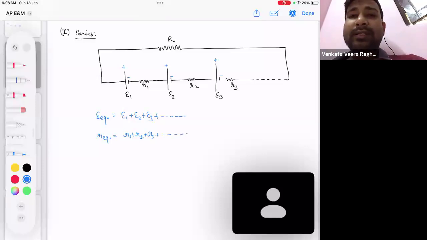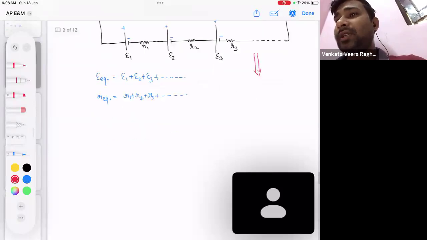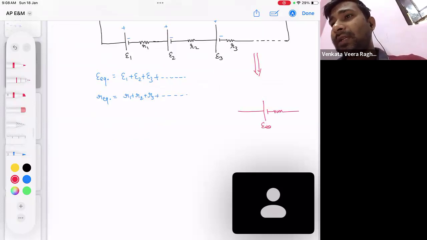That means this much circuit you can replace by a single cell of equivalent EMF and equivalent internal resistance.